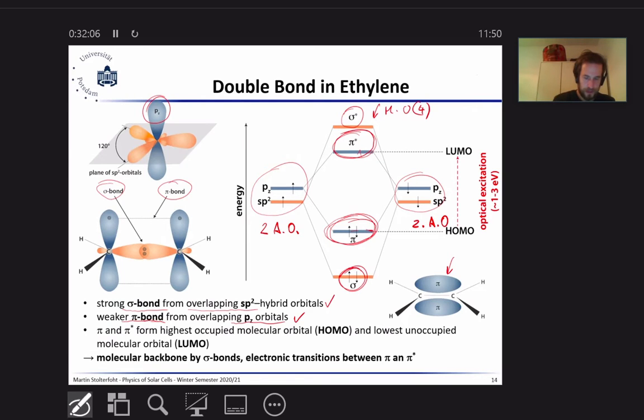And now we see that the pi and the pi star form the HOMO, the highest occupied molecular orbital, and the LUMO, the lowest unoccupied molecular orbital. So these are the most important terms for organic semiconductors in terms of the energy levels that define the optical properties, the HOMO and the LUMO.